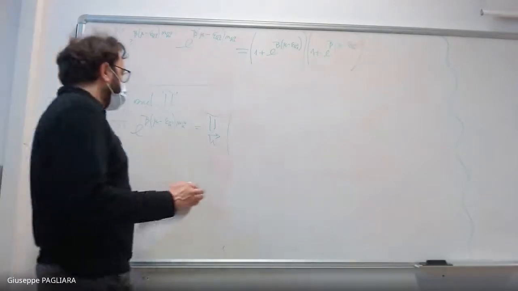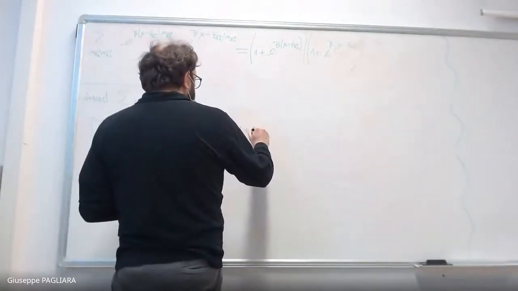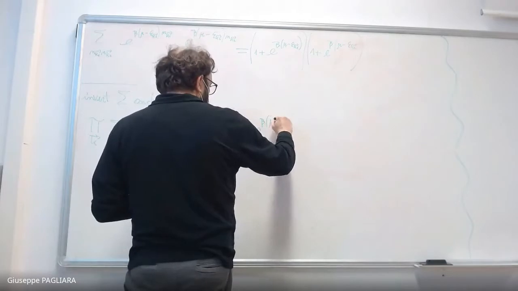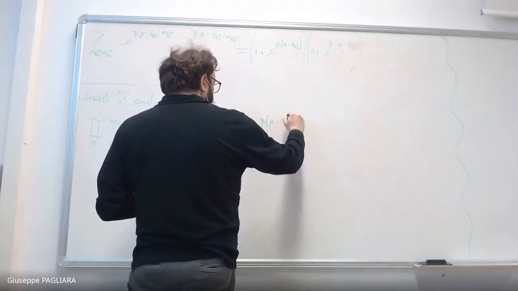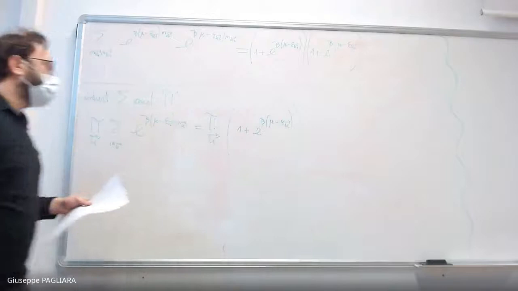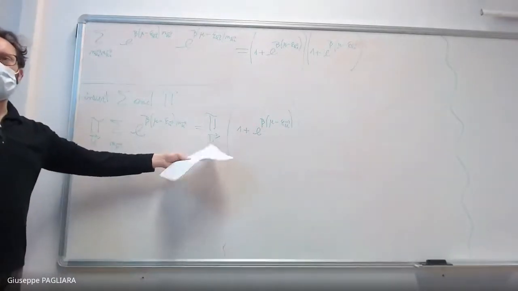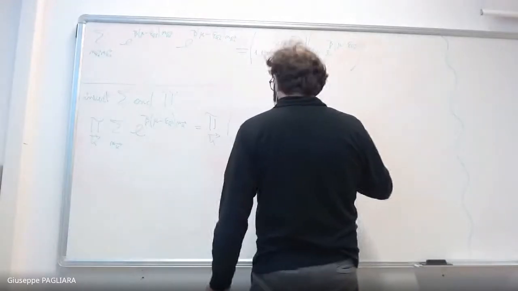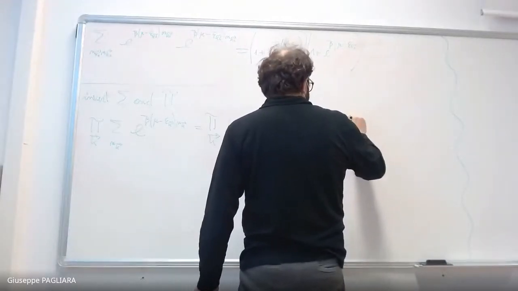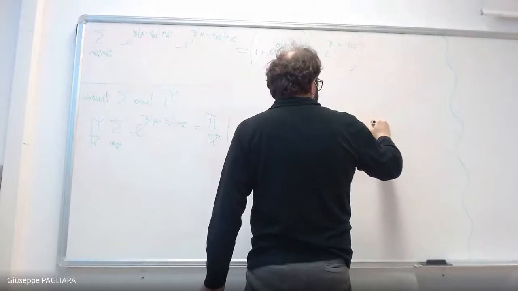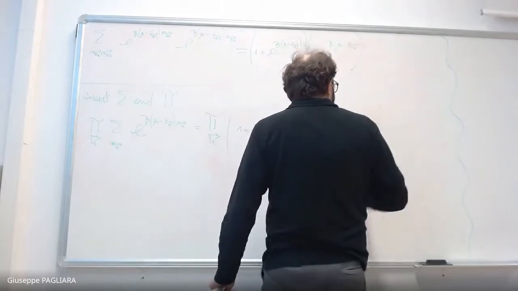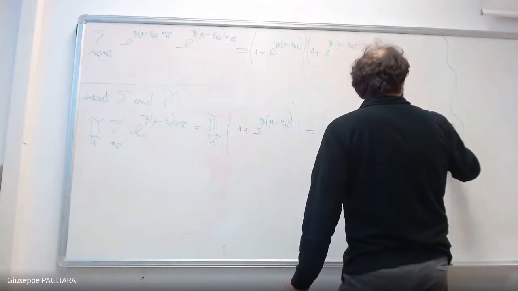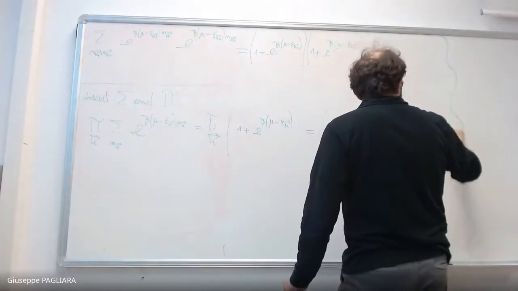And therefore I get again 1 plus e to beta mu minus epsilon k. Now k runs from k1 to k2, and therefore I have, as before, the product of 1 plus e to beta mu minus epsilon k1 and 1 plus e to beta mu minus epsilon k2, as before.